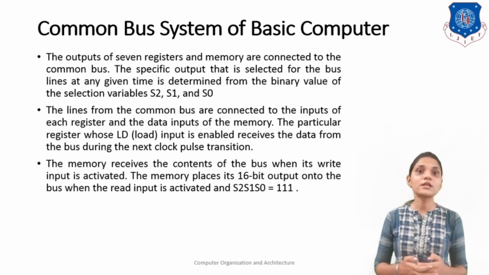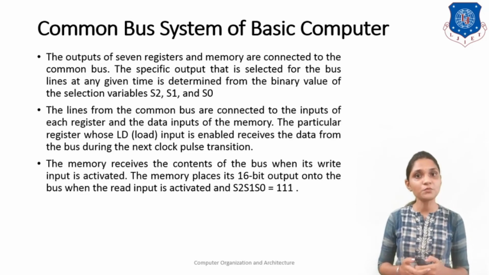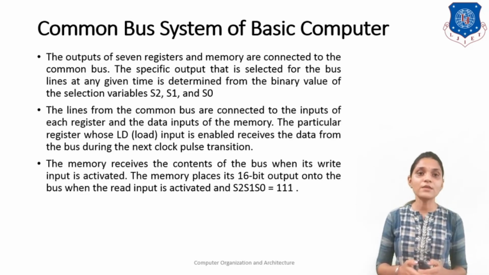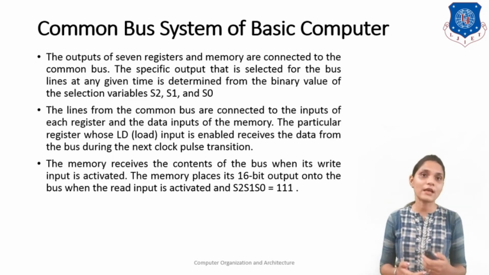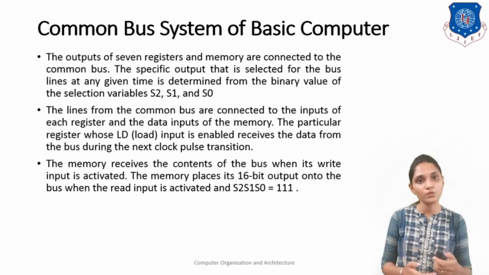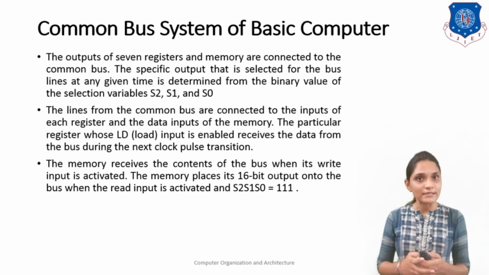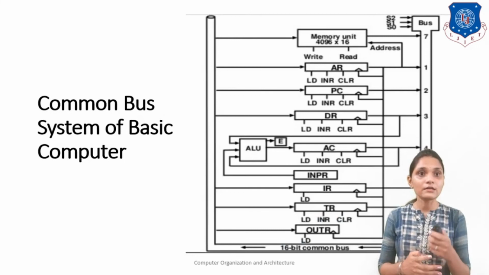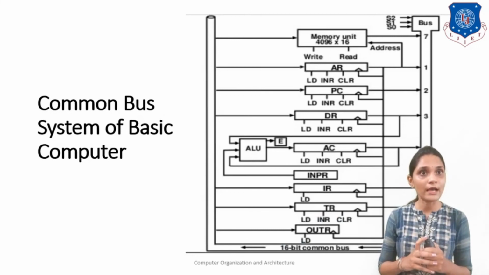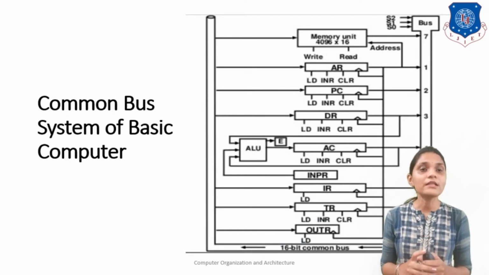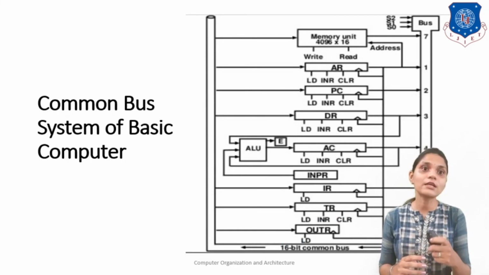The memory receives the content of the bus when its write input is activated, and the memory places its 16-bit output onto the bus when its read input is activated and the selection S2, S1, S0 is 111. In this way this selection S2, S1, S0 will determine which register's content is on the bus.